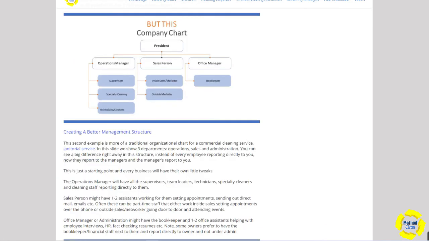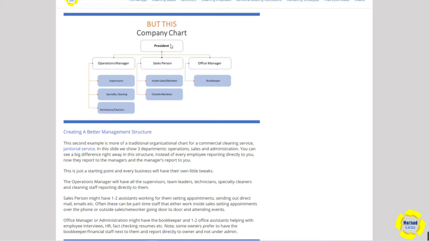And instead, what we want to do is create a management structure where you're the president and you have an operations manager. So all these people report to that operations manager, and you only talk to three people. Now, obviously, this takes time, and if you're a smaller company, this may take decades to get to this level.